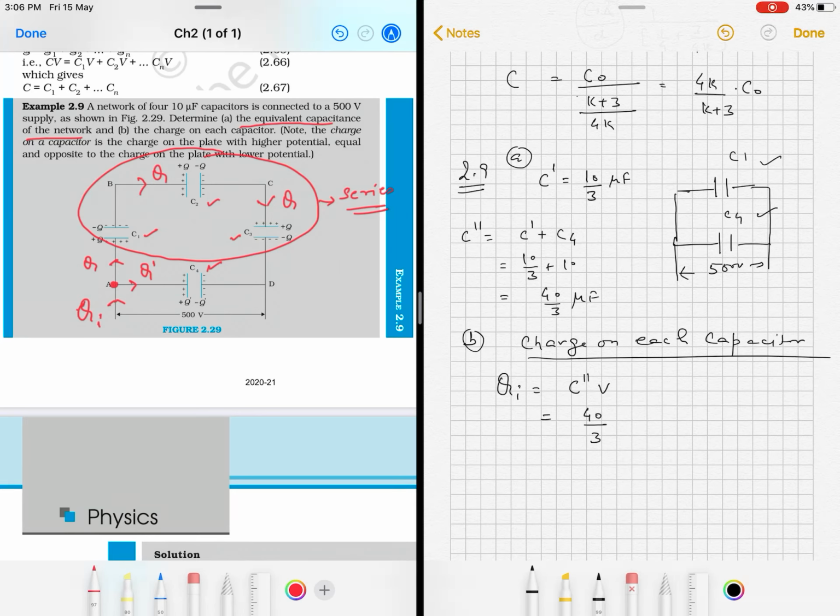Converted into farad, it is into 10 to the power minus 6, into 500. So it is 20,000 upon 3 into 10 to the power minus 6 coulomb. So this is the net charge.